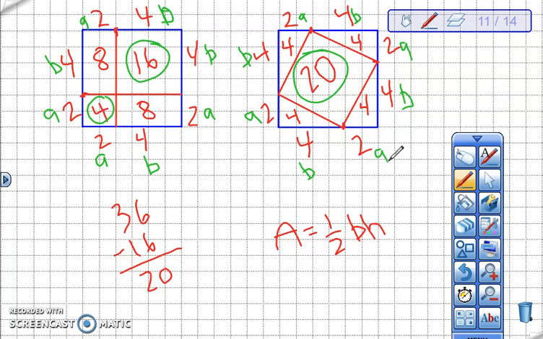I notice there's one line that I did not label with a letter. And that's the line on the slanted square, the red square inside the second box. I've already used A and B, so why not just keep it going in order? Why not just call these guys C? Because again, this is a square, so they're all the same size.